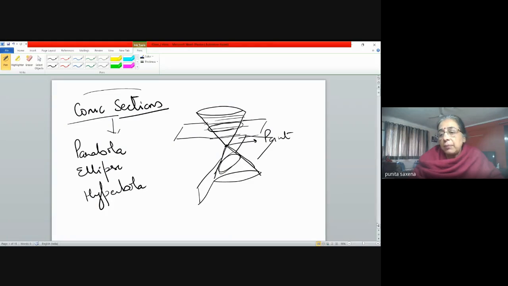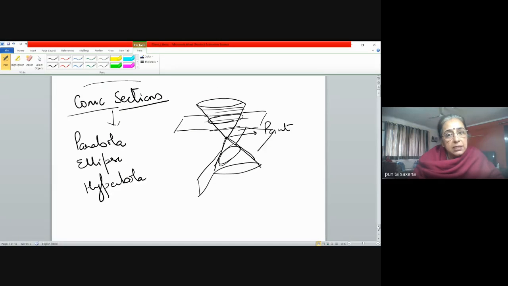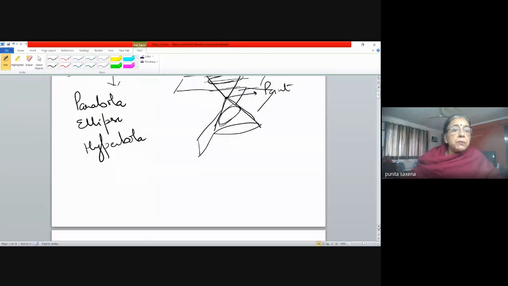Okay. Now, what have we done so far? We learned the sketching of graphs, typically something like y equal to f(x). We know how to sketch it. We learn whether it's increasing, decreasing, whether it has a maxima or a minima, whether it has a point of inflection or not, and so on and so forth. We could even trace curves that had a cusp or those that had vertical tangents.